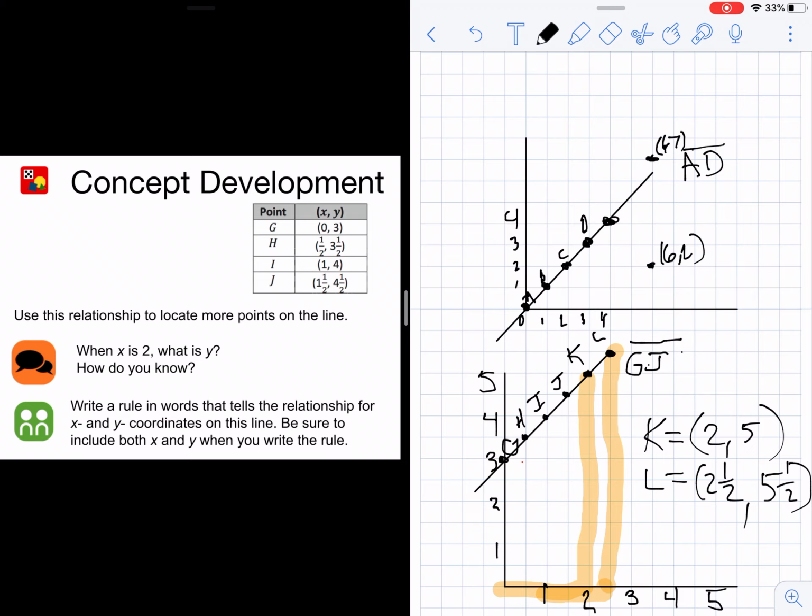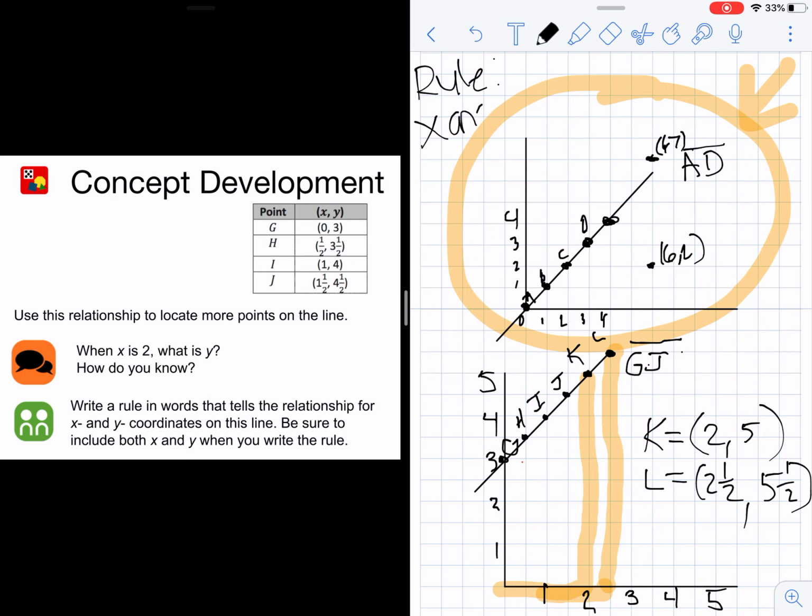Okay, so let me give you an example. The rule for this one up here would be: as long as the x and y coordinates are the same, the point will be on line AD. We can say that the relationship between these coordinates can be described by the rule. So here's the rule for this top one: x and y are equal.